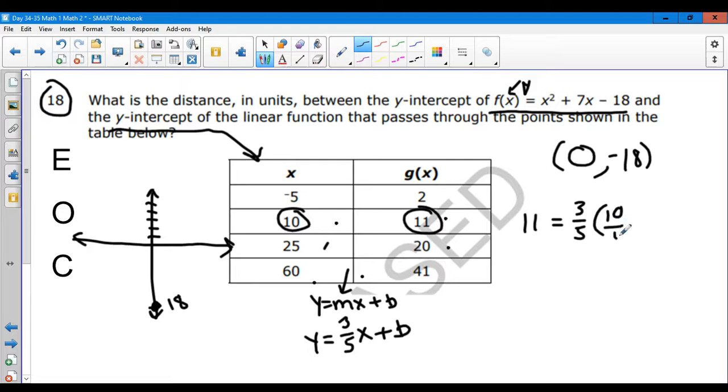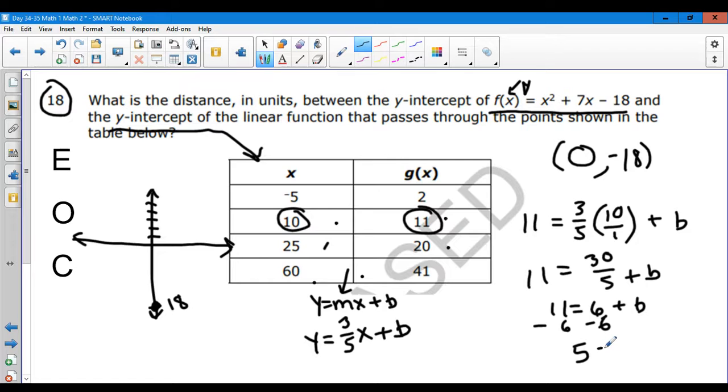I'm going to put a 1 under it right away because that's what I always do, and hopefully you do too, plus b. Now we can solve for this intercept. 11 equals 30 over 5 plus b. 30 over 5, of course, is 6. Subtract that 6 from both sides, and we get 5 for our intercept.